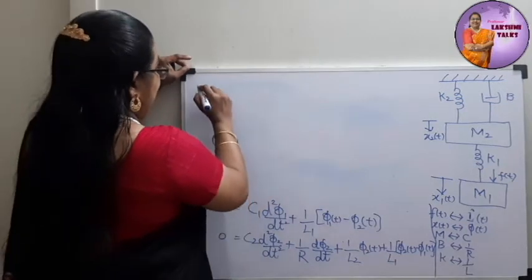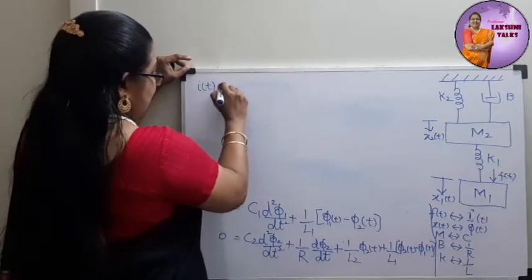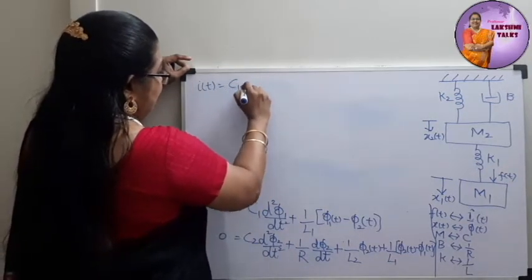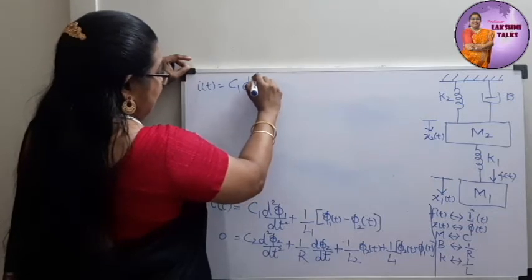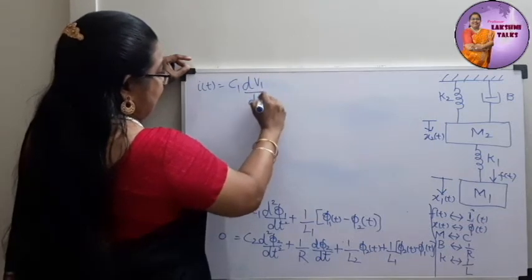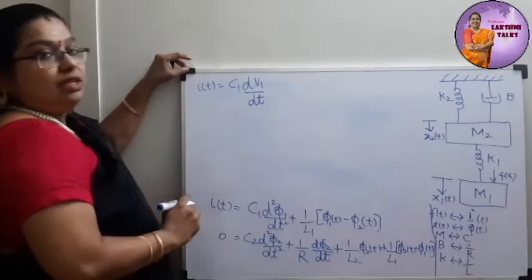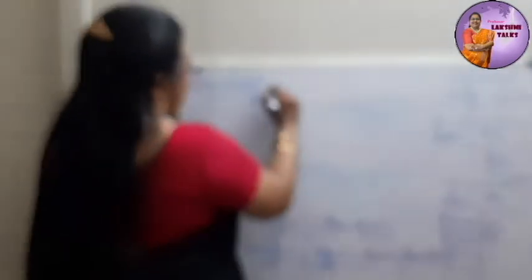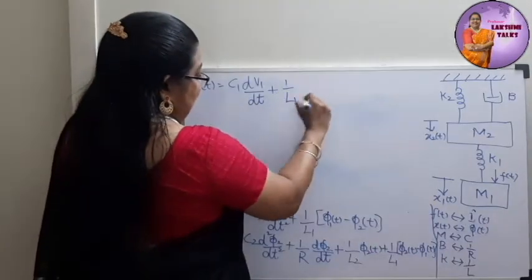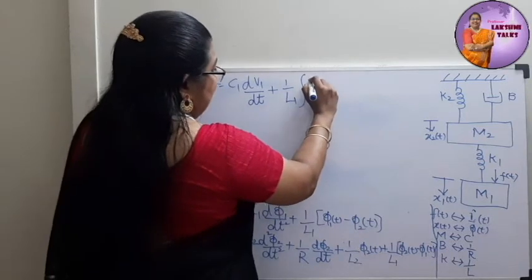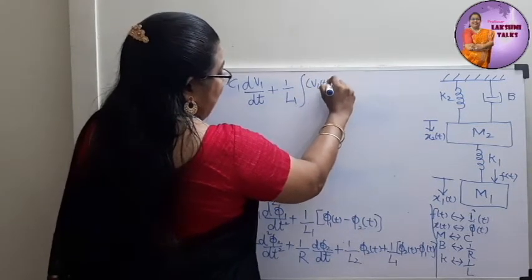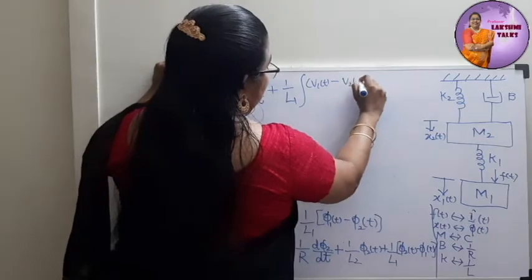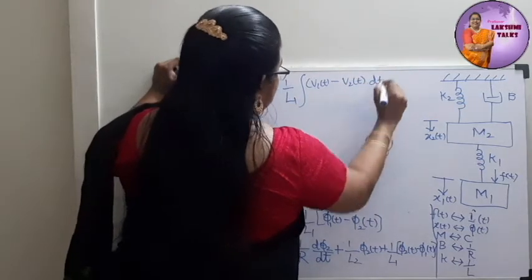So, I of t is equal to C1 dv1 by dt, since v of t is equal to d phi by dt, plus 1 by L1 integral v1 of t minus v2 of t dt.